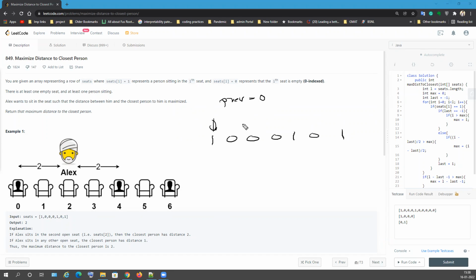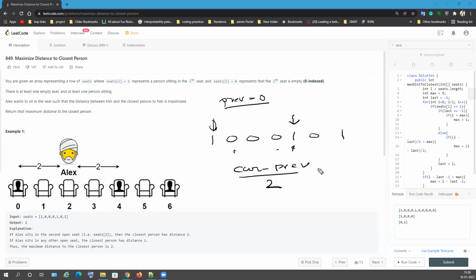Your pointer will keep on going. When you get the next one, you check what is the index of previous. It's 0, and the current index is 4. So you subtract: current index minus previous, and then divide by 2.